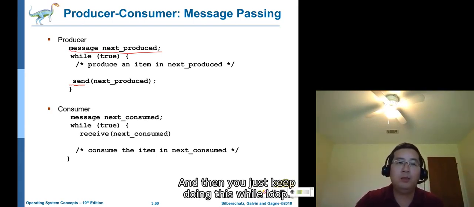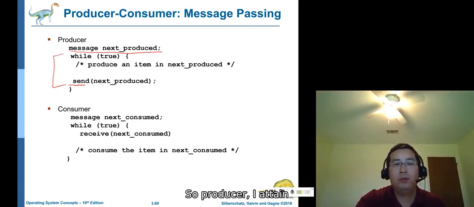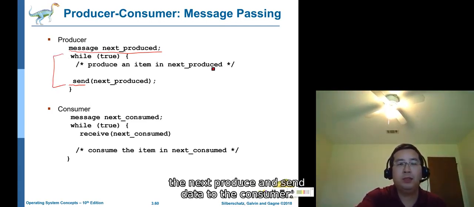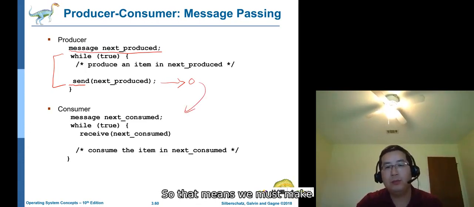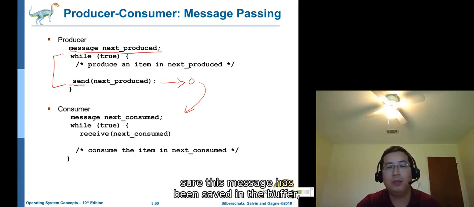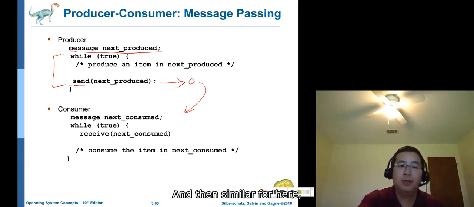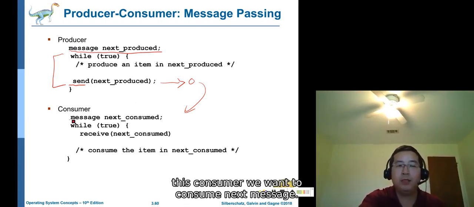Then you just keep doing this while loop: produce the item in next produced and then send it to the consumer. This already has a mechanism, it must wait for the consumer to consume. So we must make sure this message has been saved in the buffer or has been consumed by the consumer.